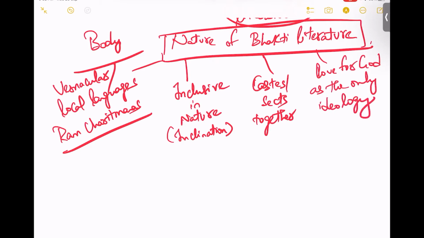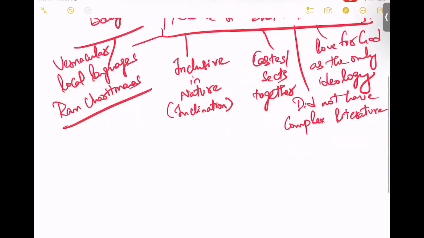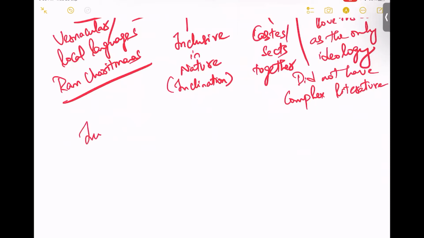This is the nature of Bhakti movement. Okay, love for God. And it did not have very complex literature. This is the nature of Bhakti movement. So what is the impact or contribution of this Bhakti movement to the Indian culture?